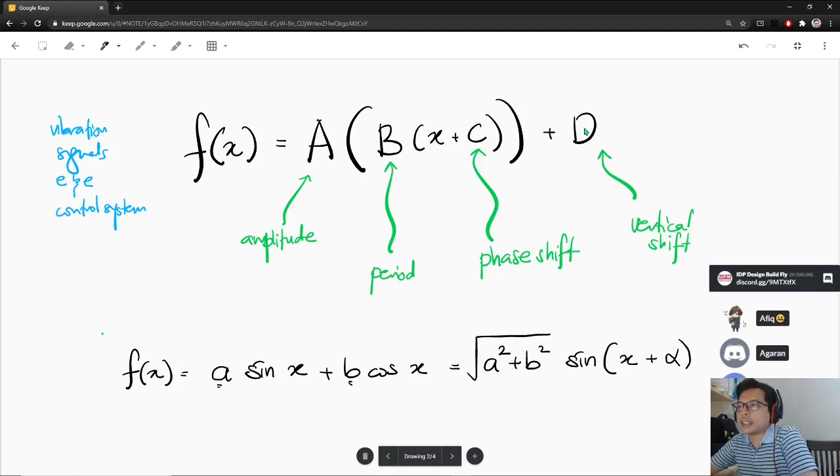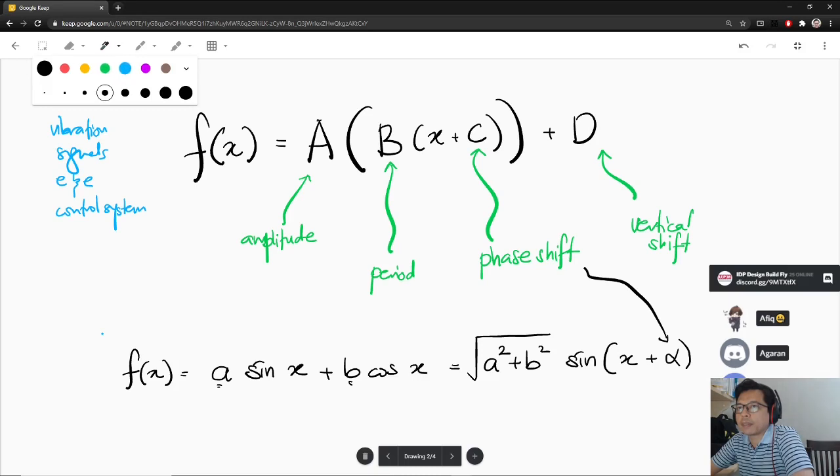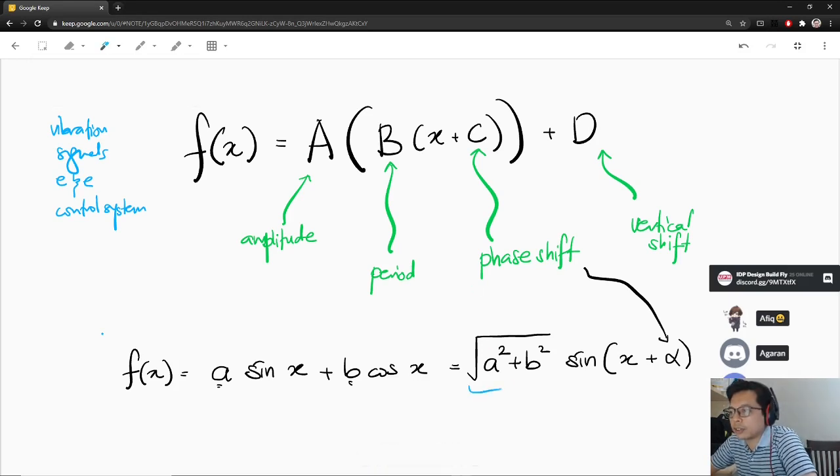Usually in engineering, when you come across phase shift, it is denoted by alpha. Okay, so in this case it's the same thing. This value here is the amplitude, and this is what we call the phase shift.